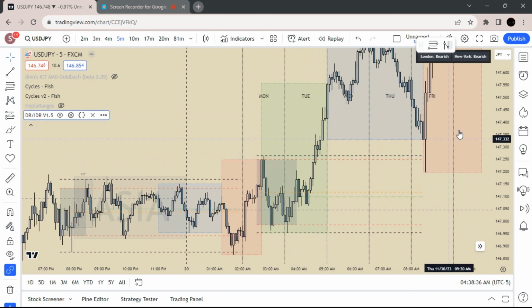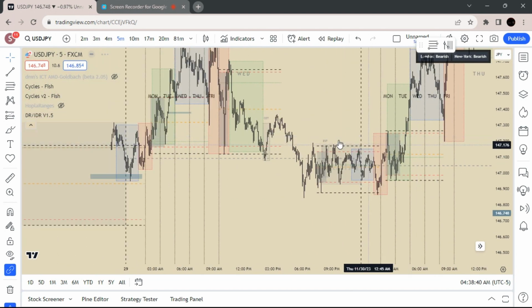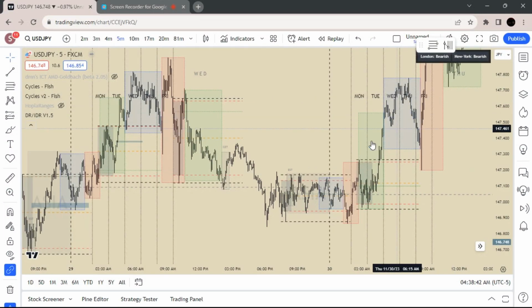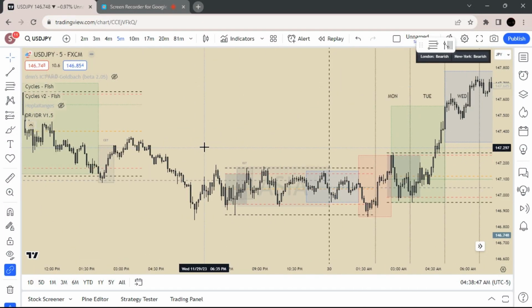Price comes back down, rejects the IDR and the DR, and then it expands up. So it was an expansion. And you can kind of see the market maker model form throughout the Wednesday and into Thursday.